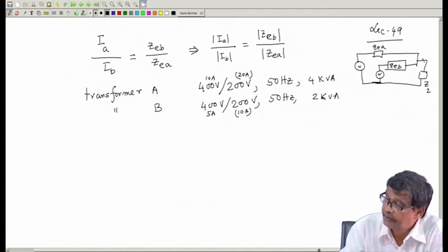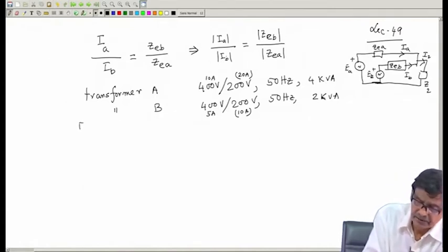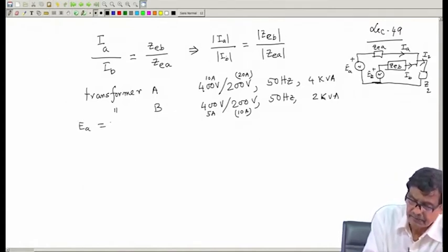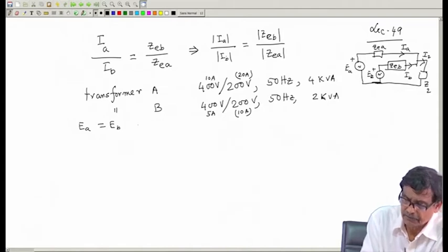And this is what I told you, I2 the load, this is IA and this is IB, this is EA, this is EB, and assume EA is equal to EB. That is, both are 200 volt.